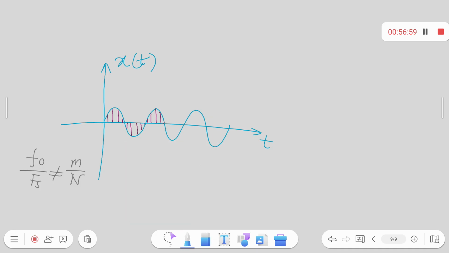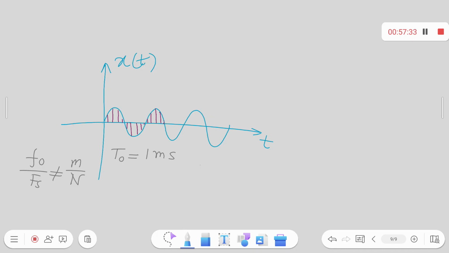How many samples have you considered within one cycle? Suppose your time period T naught is equal to 1 millisecond. You have to ensure that within this 1 millisecond, from 0 to 1 millisecond, you have some fixed number of samples. Might be 10 samples, 20 samples, 50 samples, or 40 samples.